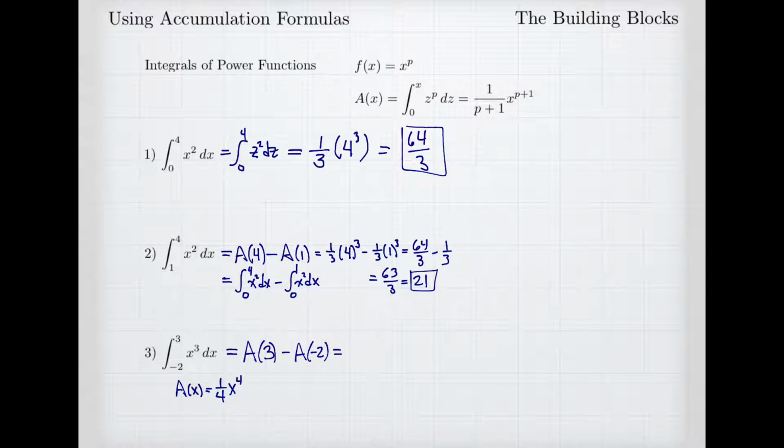So we'll have 1/4 of 3 to the 4th minus 1/4 of -2 to the 4th. So that gives me 81/4 minus 16/4. Notice that this negative raised to an even power is positive, so that I get a net 81 minus 16 is 65/4.